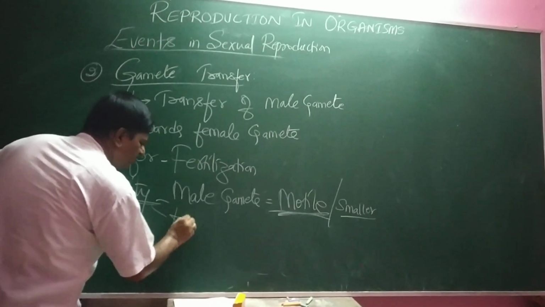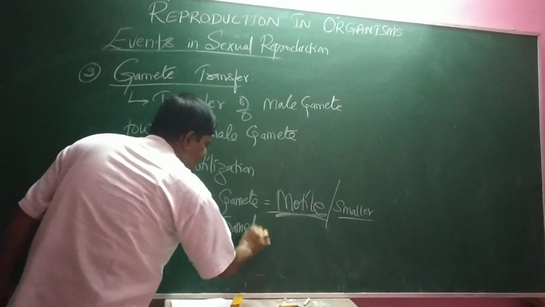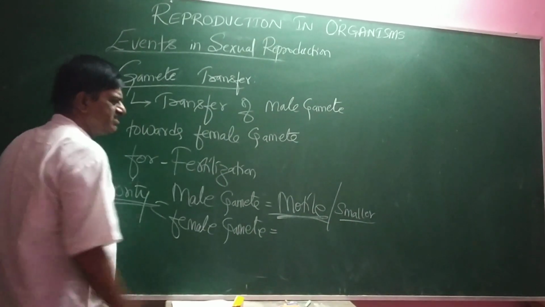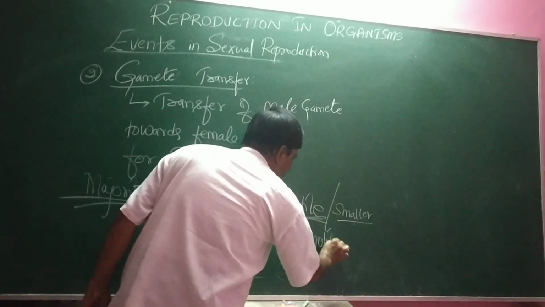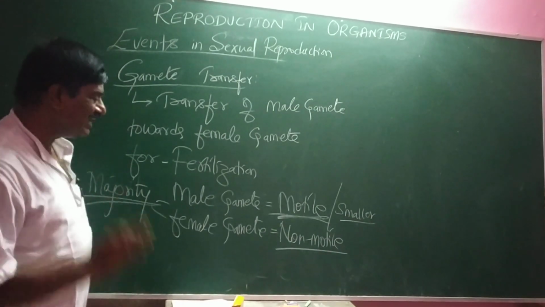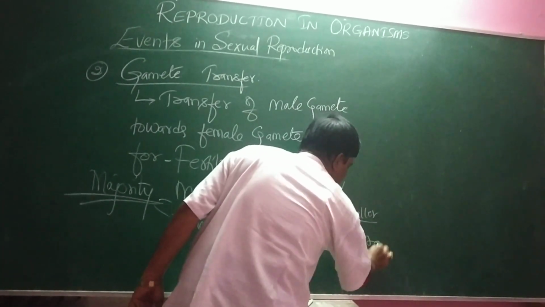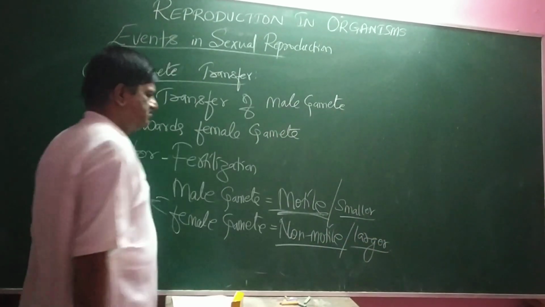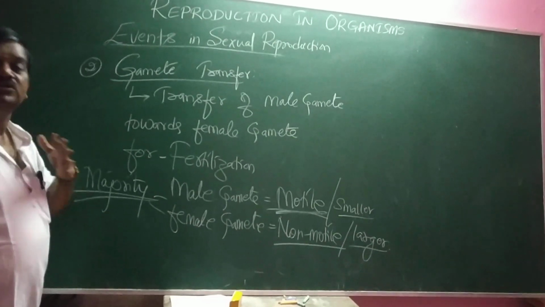Whereas in some of the individuals, the female gamete is non-motile. It cannot move. It is stationary. But this gamete, in some of the cases, is larger. The male gamete is smaller and the female gamete is larger.